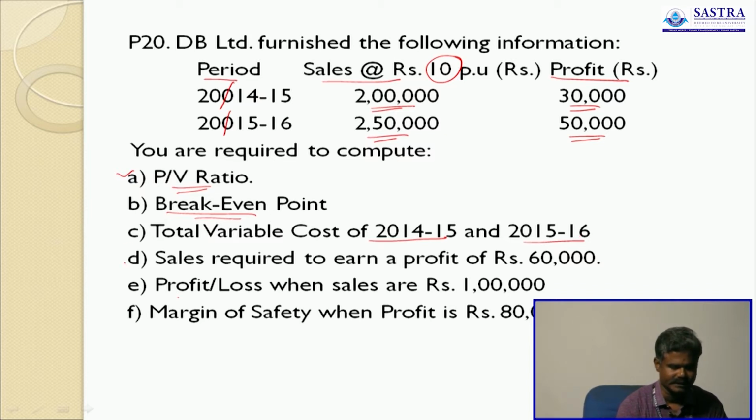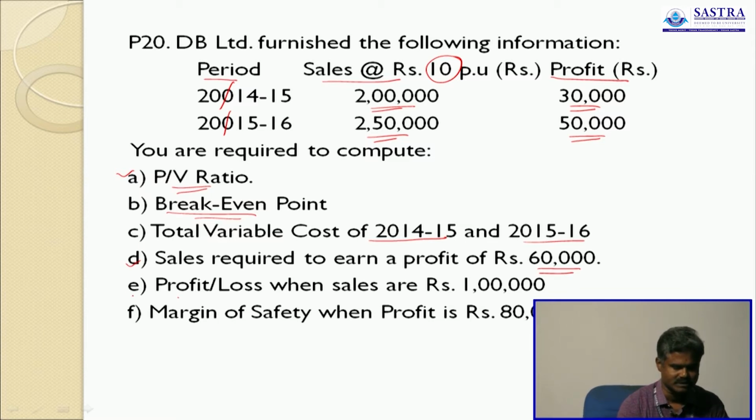Fourth question is sales required to earn a profit of rupees 60,000. I think it is an estimated profit. They ask you to calculate the required sales for rupees 60,000 profit.